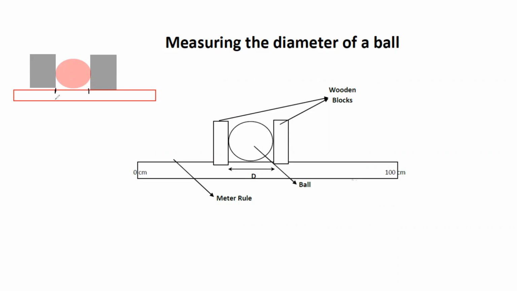For example, the scale might start at 0, then 0.1 and so on. So this is 3, and this one is at the 4.4 mark. So what is the diameter of the ball in this example?